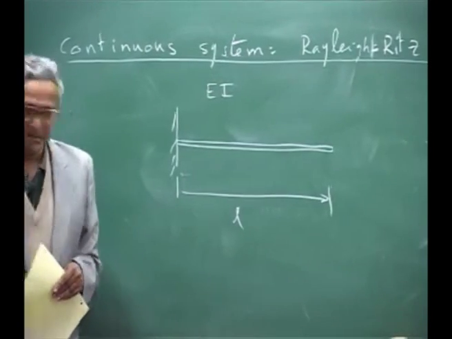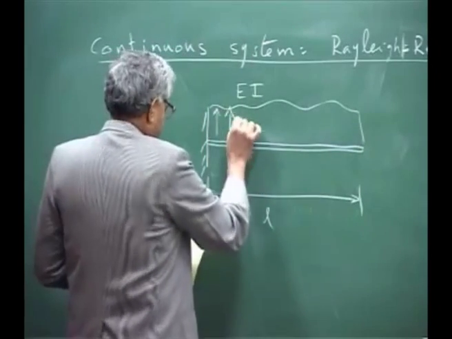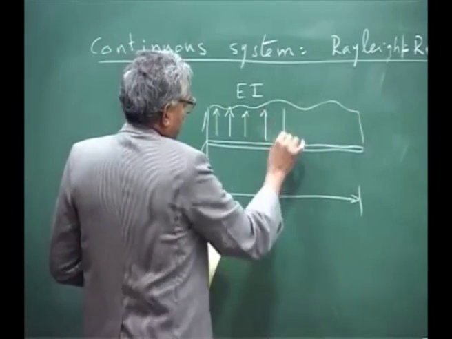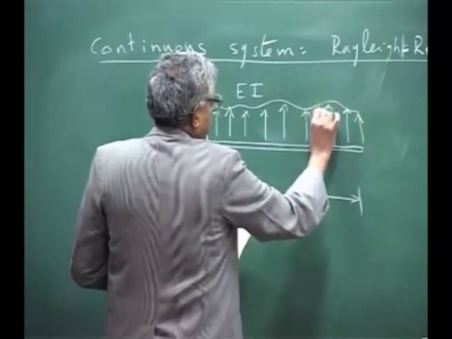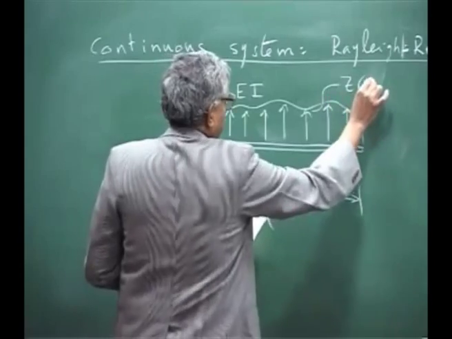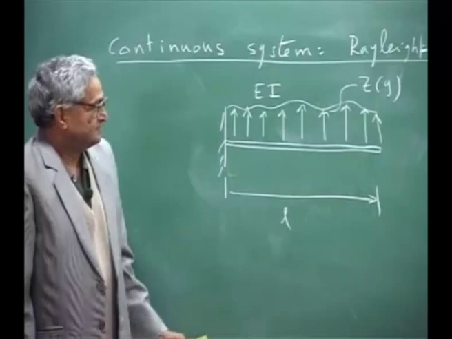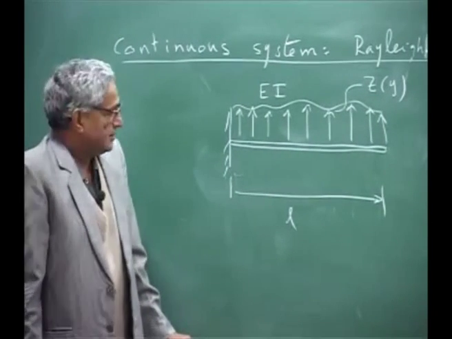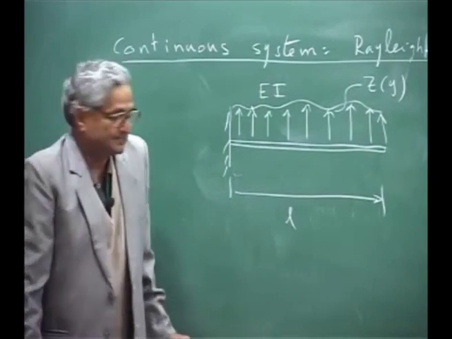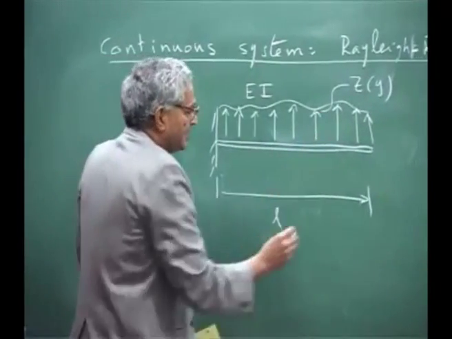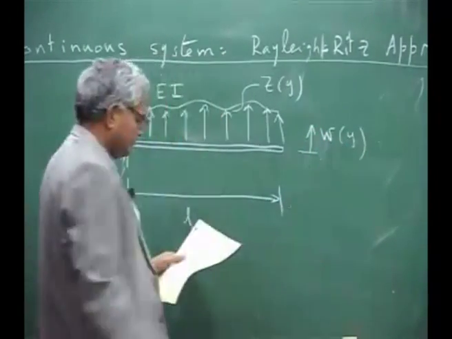This is acted on by, again, some external loading, which we call theta y. Now we want to know how we get the deformation of the beam, and let us write the deformation. This is W, which is a function of y.